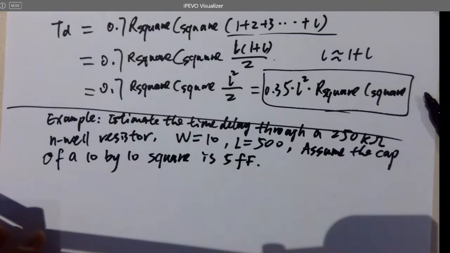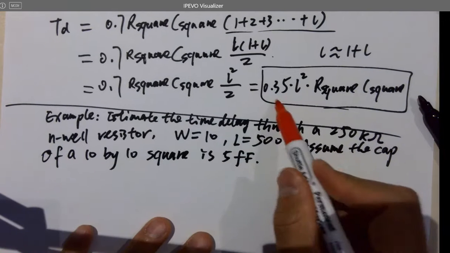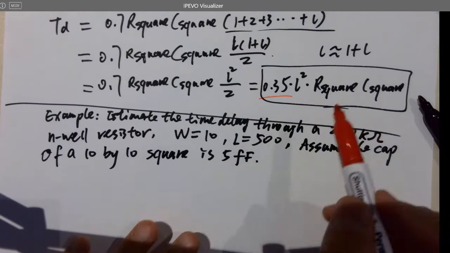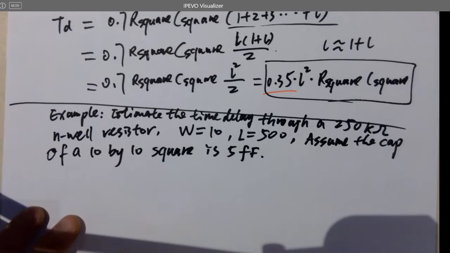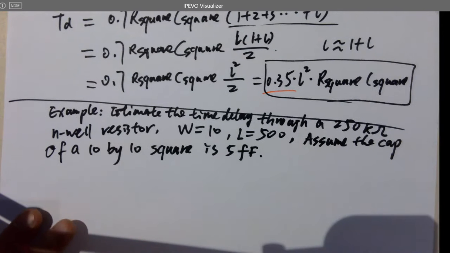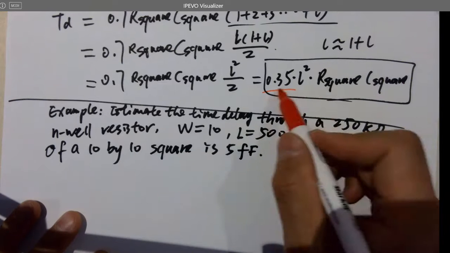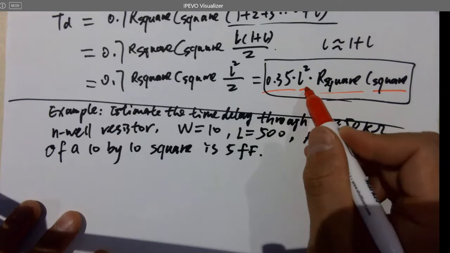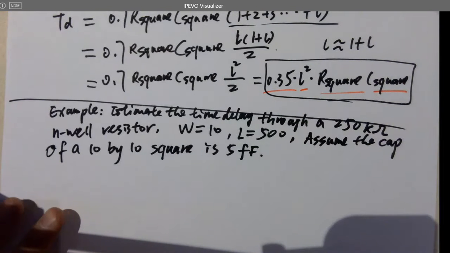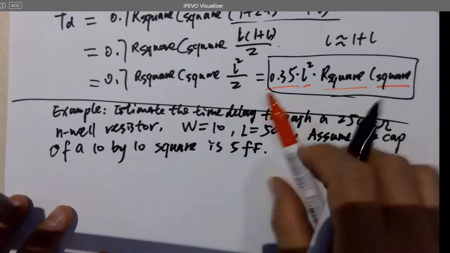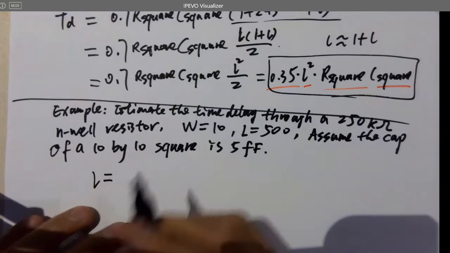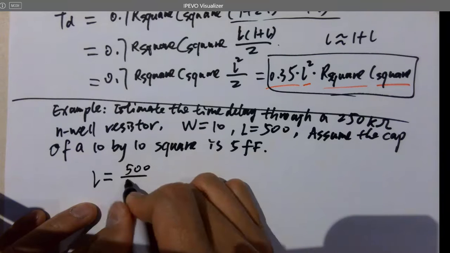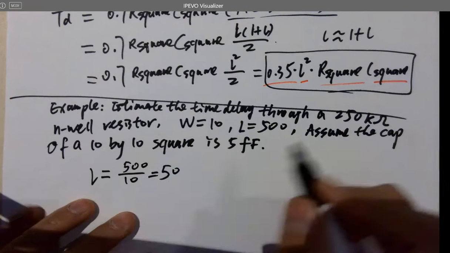So look at this equation we just derived. In order to calculate the delay, you need to know these, and this. Okay, do you know L? So what is L? Yeah, 500 over 10. So you have 50 squares.